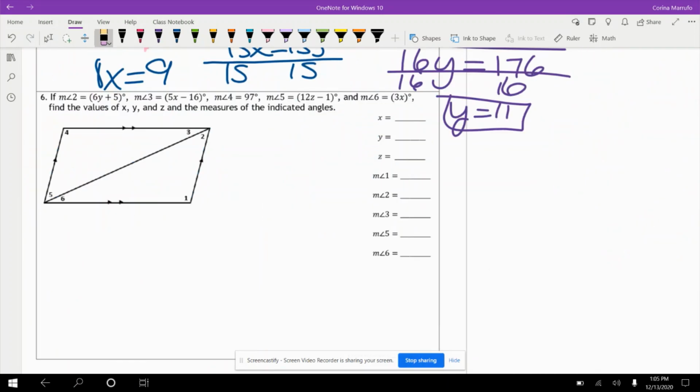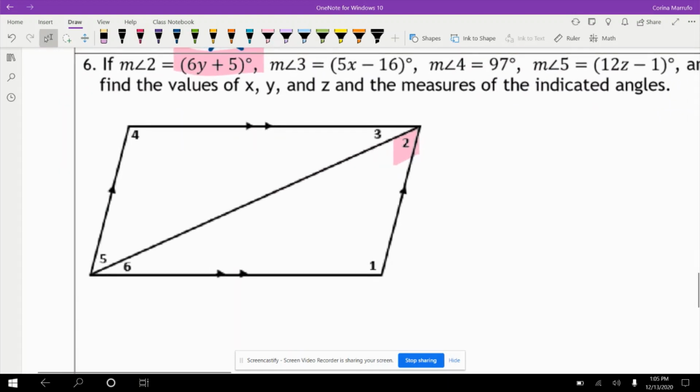And that's it. So the last example here, we have the measure of angle 2 is 6y plus 5. So we're going to go ahead and fill this in our little table. So I'm going to write it in here, 6y plus 5. Okay, then we have the measure of angle 3.